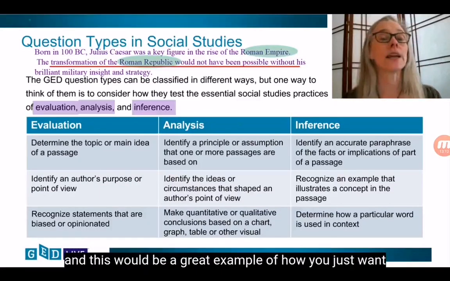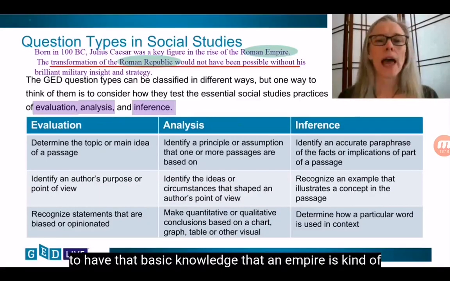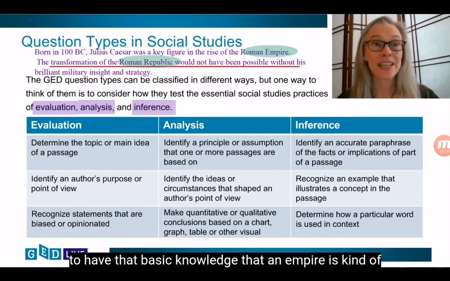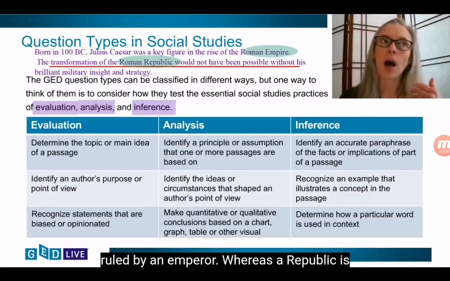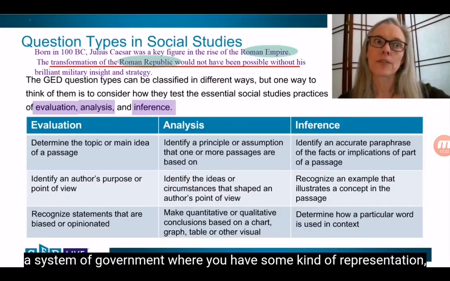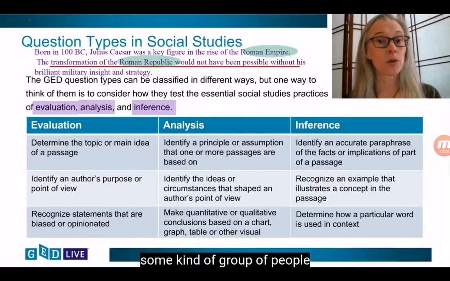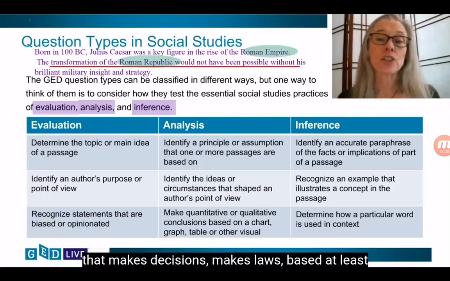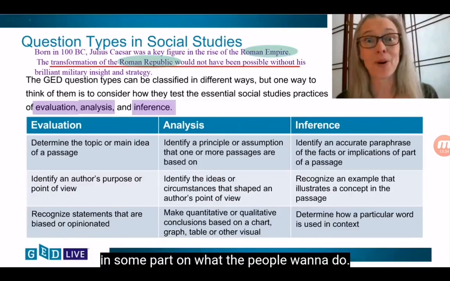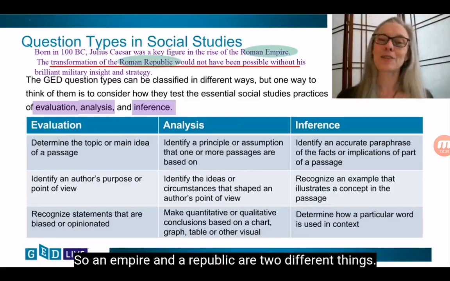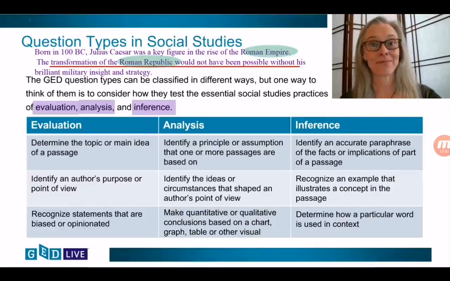And this would be a great example of how you just want to have that basic knowledge that an empire is kind of ruled by an emperor, whereas a republic is a system of government where you have some kind of representation, some kind of group of people that makes decisions, makes laws, based at least in some part on what the people want to do, right? So an empire and a republic are two different things, right?